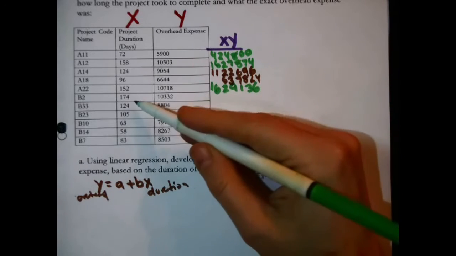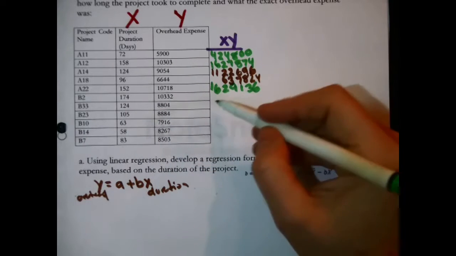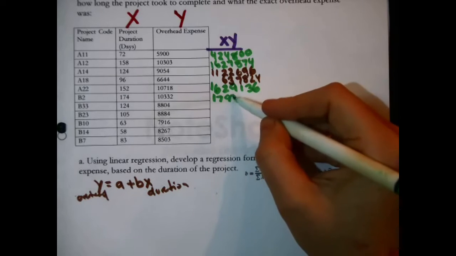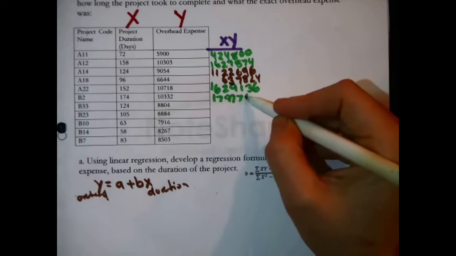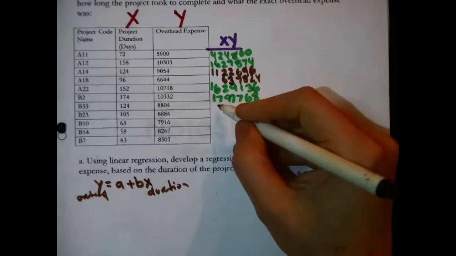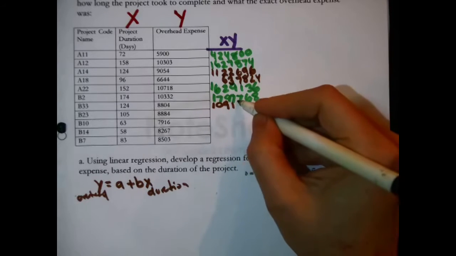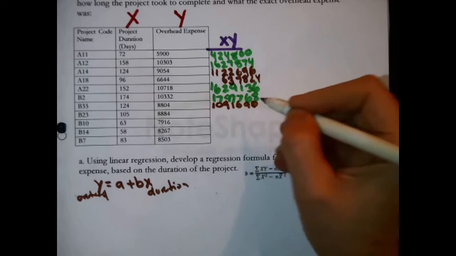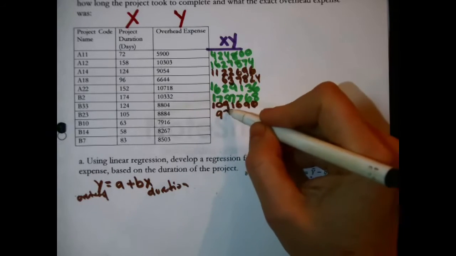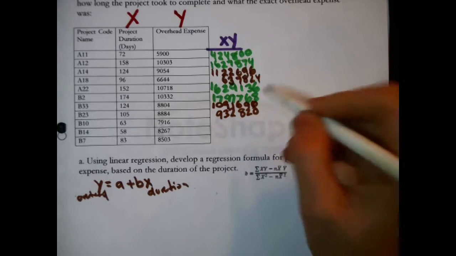Then likewise the row below it, 174 times 10,332, 1,797,768. The one below that, x times y, 1,091,696. The row below that, x times y, 932,820.